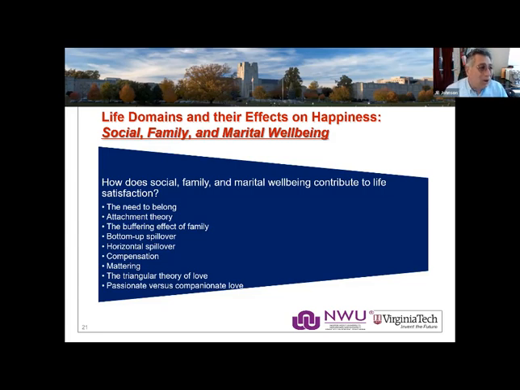The need to belong, attachment theory, the buffering effect of family, bottom-up spillover, horizontal spillover, compensation, mattering. We'll talk about that. The triangular theory of love and the passionate versus companionate love. Interesting. So let's talk about some of those theories.